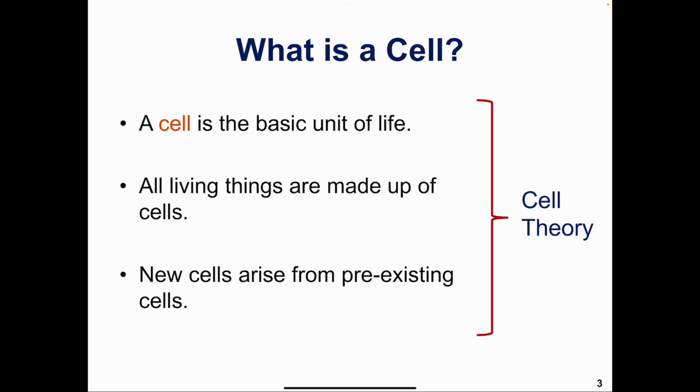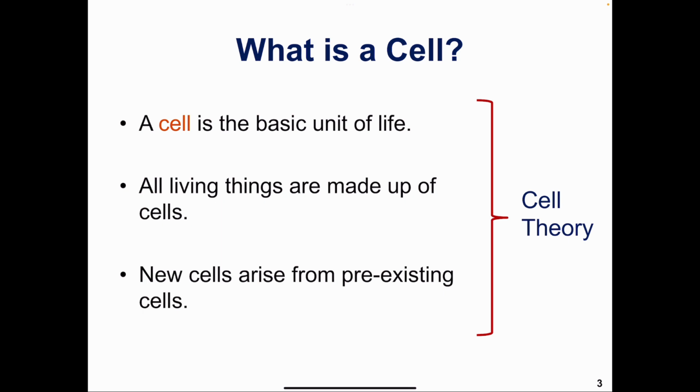They are able to reproduce, they are able to respond to environmental stimuli, and they are able to adapt in a long-term manner. Also, all living organisms are made up of cells. That's another characteristic. And finally, a cell always comes from a pre-existing cell.